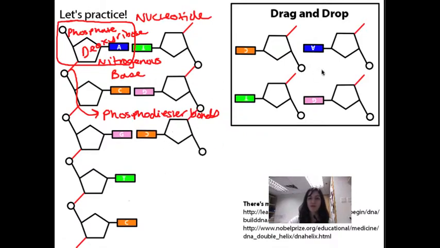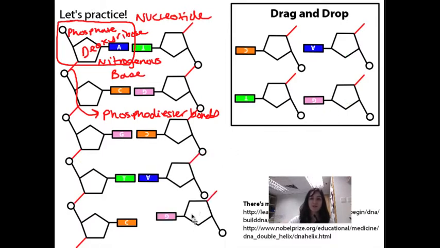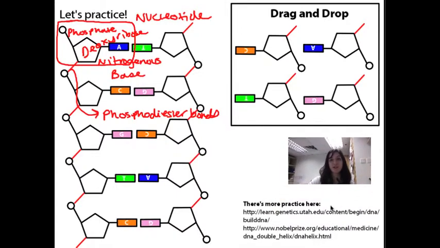We've got thymine here, which only pairs with adenine. And we've got cytosine again, which only pairs with guanine. Okay, so that's how you would create a double helix, and hydrogen bonds would be joining up the nitrogenous bases. Those are the main features of DNA. If you'd like more practice, there are some links provided here.